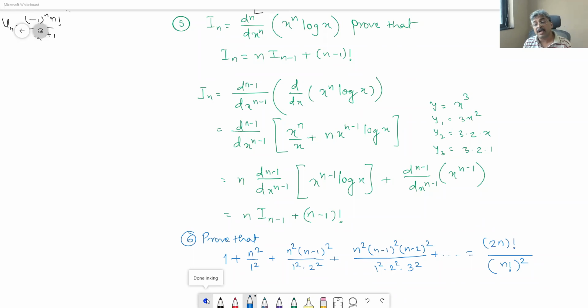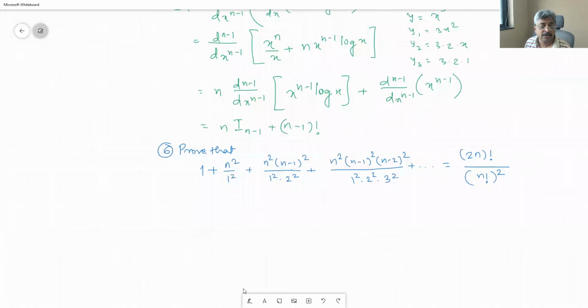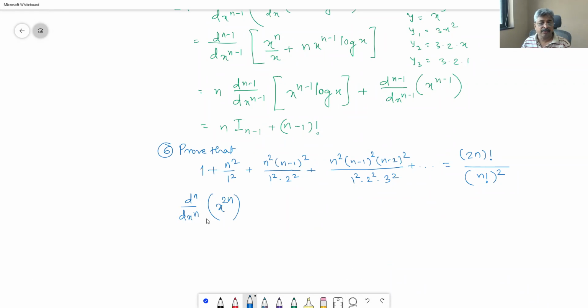One way will give you RHS, another way will give you LHS. Now I tell you what quantity. You figure out whether LHS is equal to RHS or not. You are supposed to find the nth derivative, d n by dx raised to n, of x raised to 2n in two different ways.